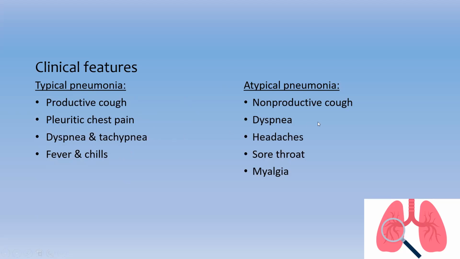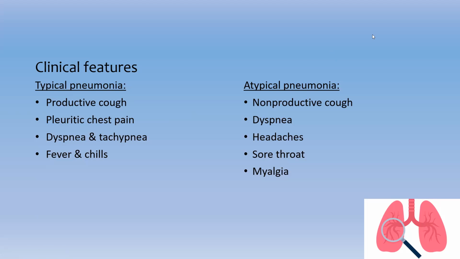Atypical, now this is a bit different from what we expect. Patient might present with a non-productive cough, which, if you're not careful, could confuse you and probably lead you away from the right diagnosis of a pneumonia. The patient could also present with dyspnea.